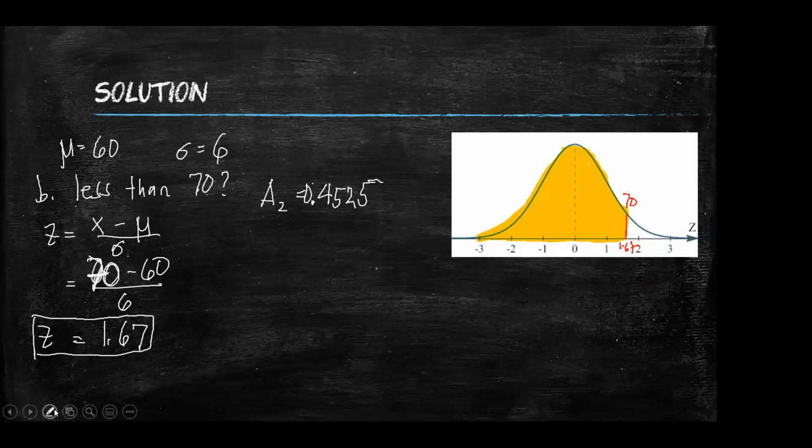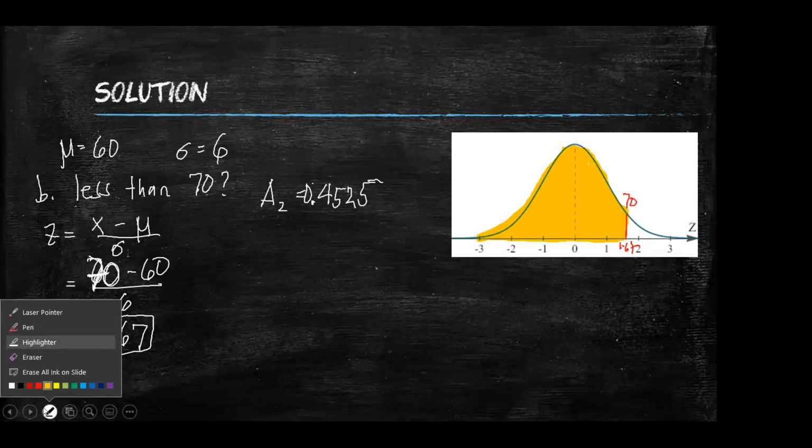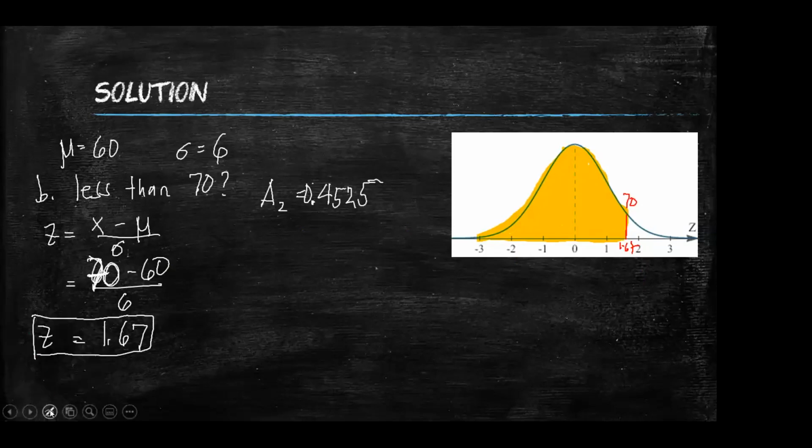Ngayon, class, okay na. Hanapin natin yung area ng buong yan. So, paano gagawin? As you can see, class, ang 0.4525 is from this area up to this area, from 0 to the z-score.